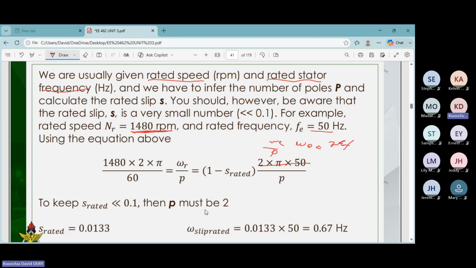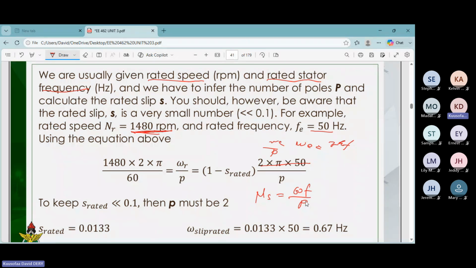So usually when you are given the speed and the frequency, it is very easy to get it done. Another way you can do it is, we know that n_s is what? 60f over p. So you just substitute the values if you don't know p, but you can get it.